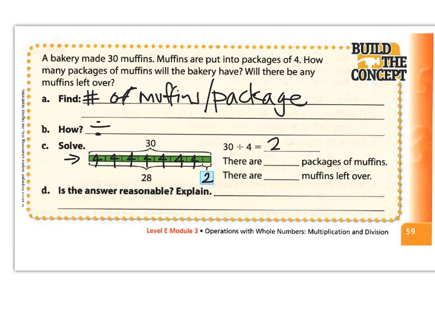So we would say, 30 divided by 4 is 7 packages, and there's a remainder of 2. So there are 7 packages of muffins and 2 left over. Is this answer reasonable? Yes, because we used division.